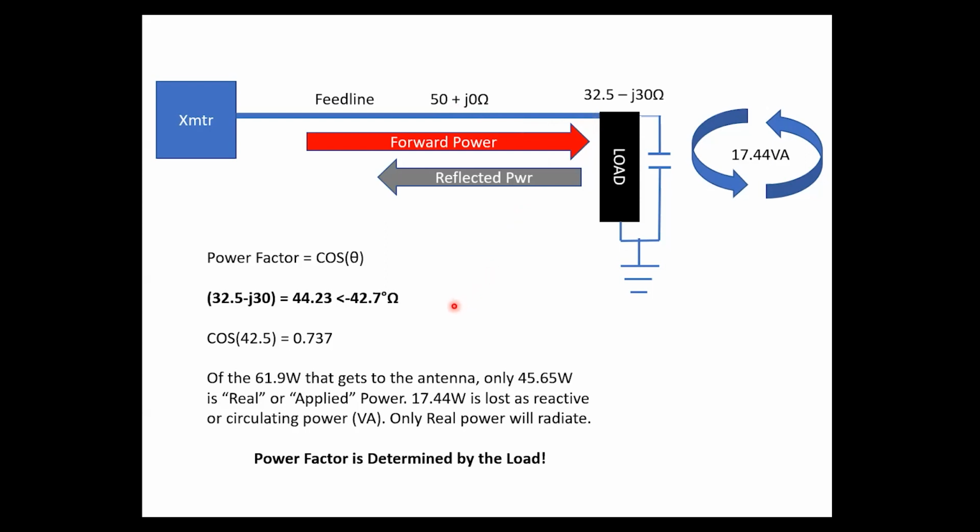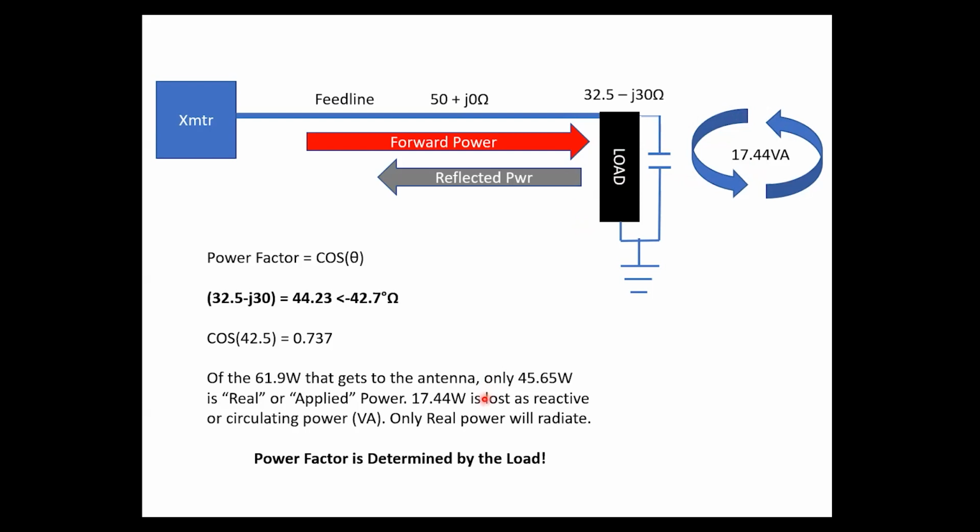Now, unfortunately, because this particular impedance at the load is 32.5 ohms resistance and minus 30 ohms reactance, it's capacitive and quite reactive. And so it sets up 17.44 of our watts as reactive power that just simply circulates in here and doesn't get out on the line.